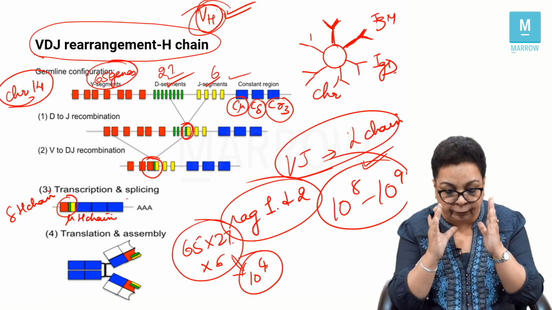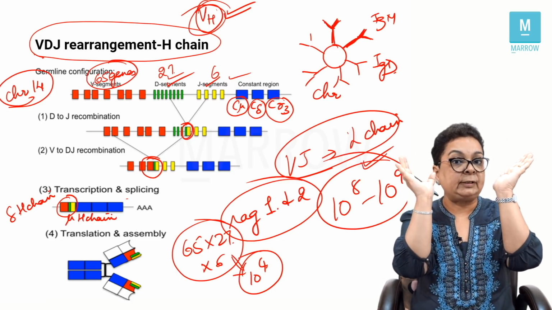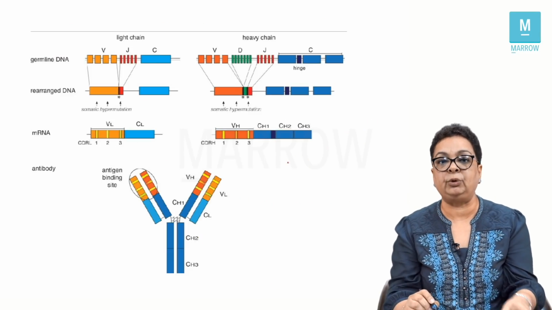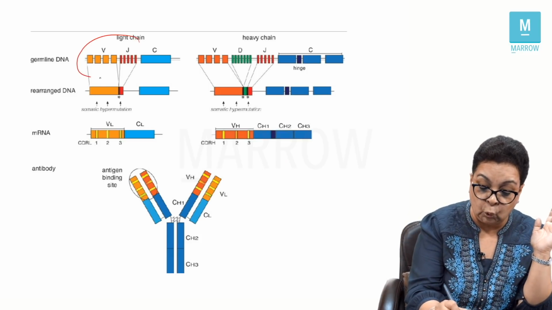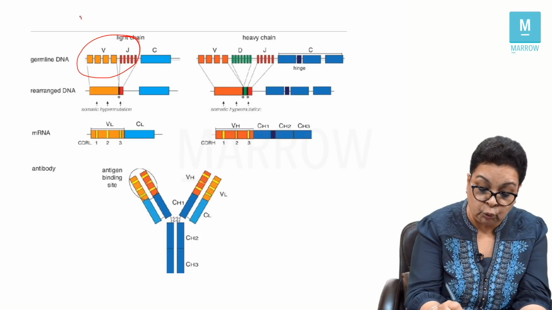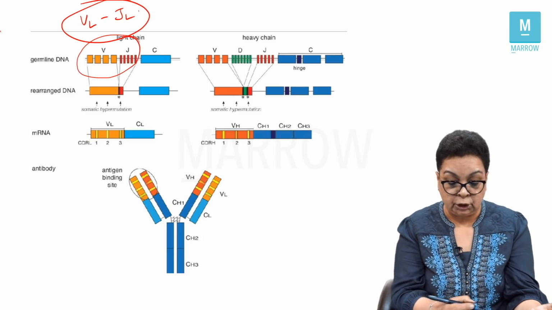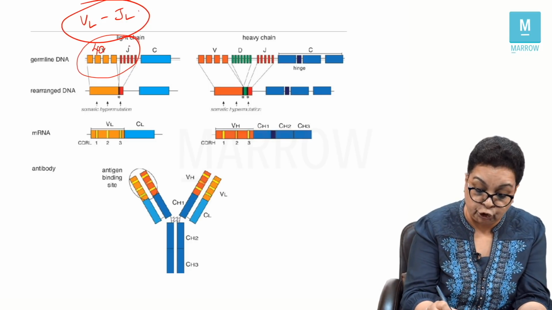Once the B cell has rearranged its heavy chain, it expresses the heavy chain on its surface as the B cell receptor. Now the RAG1 and RAG2 enzymes will go and rearrange the light chain genes. And here we have only 2 gene segments to encode for the variable part of the light chain. So we will have about 40 genes in the variable and 5 genes in the joining gene segments.